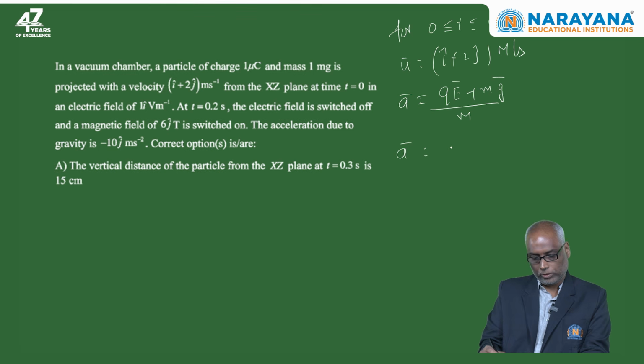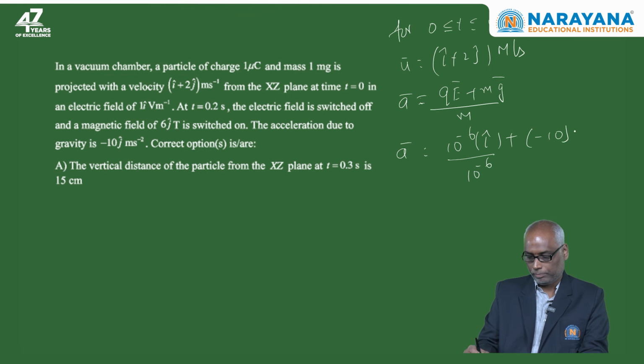So, acceleration is equal to q, which is given as 10 power minus 6, and electric field is given as i cap, plus mass, whole divided by mass, which can be written as 10 power minus 6, plus acceleration due to gravity, which is nothing but minus 10 j cap. So, acceleration vector will become equal to i minus 10 j cap meter per second square.